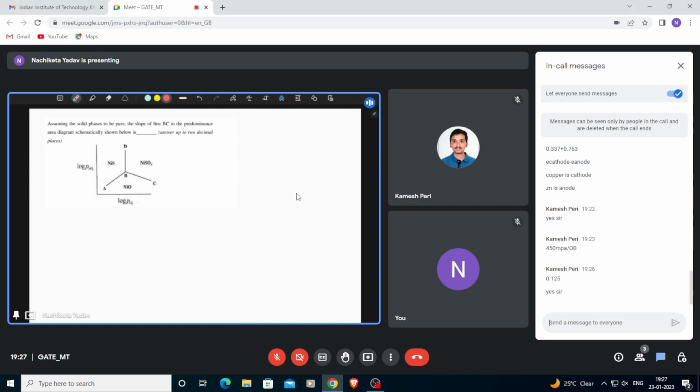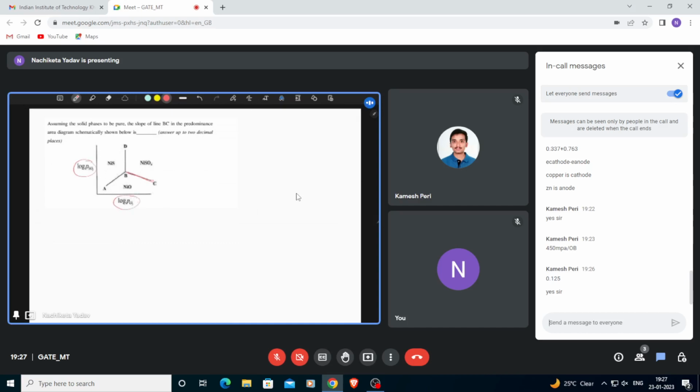Predominance area diagram, right? For this BC, what will be the slope? We have to find out the slope of this BC. See here, it is log P SO2, partial pressure of SO2, and log PO2.